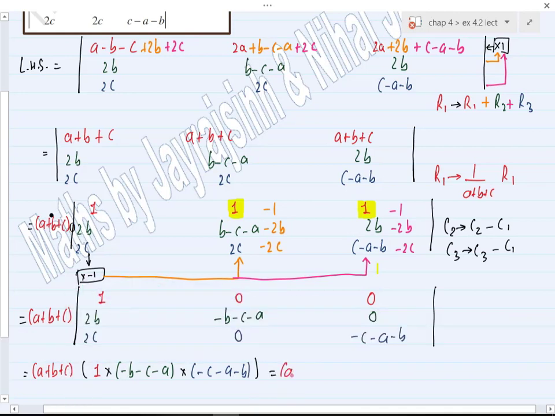Or we can say a plus b plus c will remain as it is. Here we have minus a minus b minus c the whole square, which is equal to a plus b plus c the whole square. So here we'll get a plus b plus c whole cube, which is the required right hand side. Ta-da!